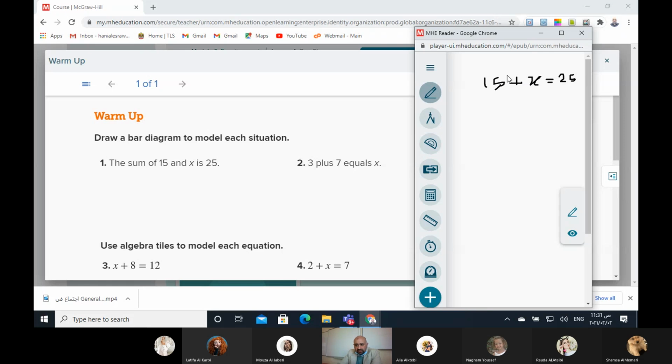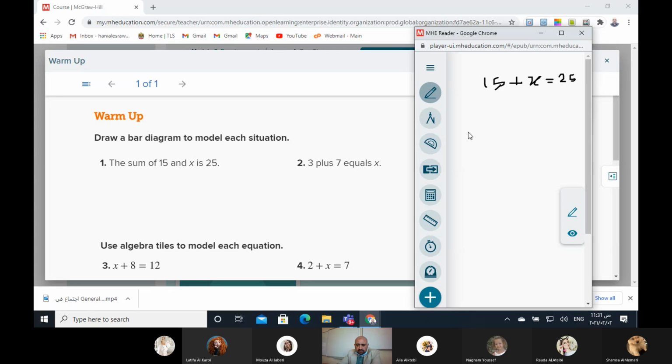Now, what is the name of this form? 15 plus x equal 25. Equation? Equation.